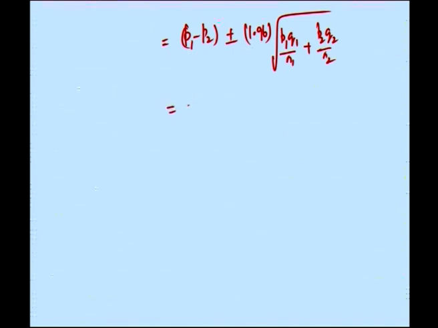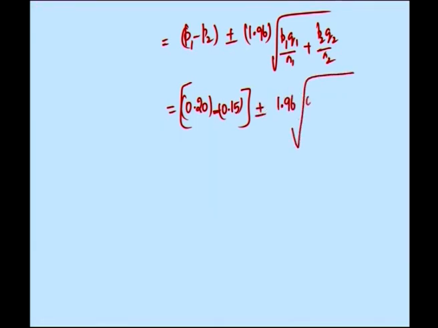Now, substituting all the values, P1 is 0.20 minus 0.15 plus or minus 1.96 into square root of 0.2 into Q1 will be 0.8 by N1 is 900, and P2 is 0.15 into 0.85, Q2 will be 0.85 by 1600.